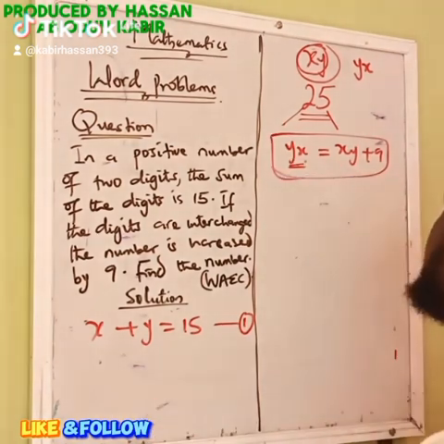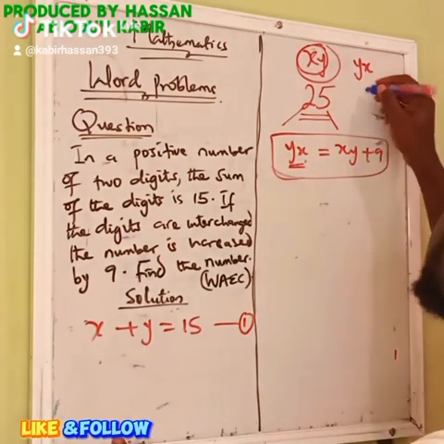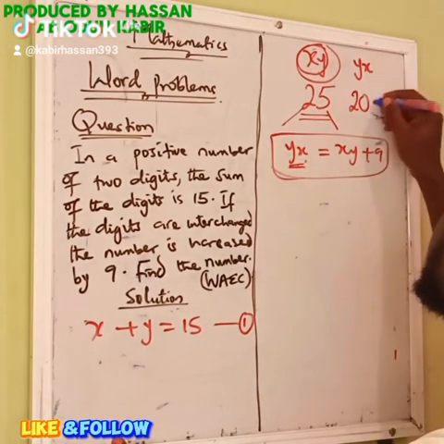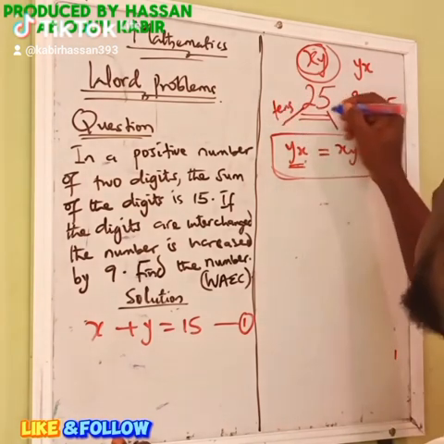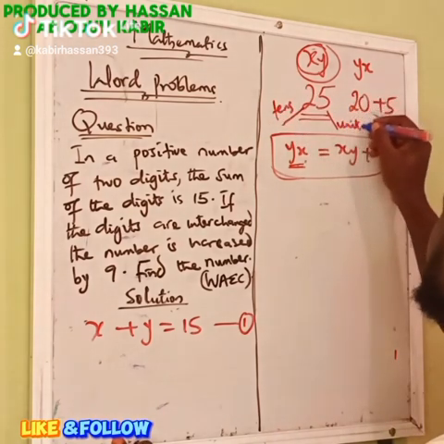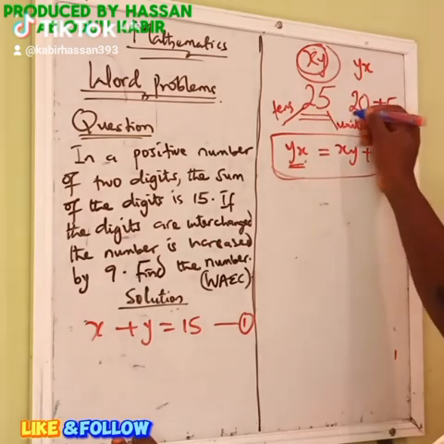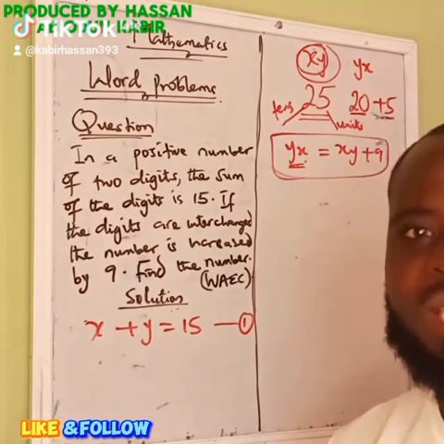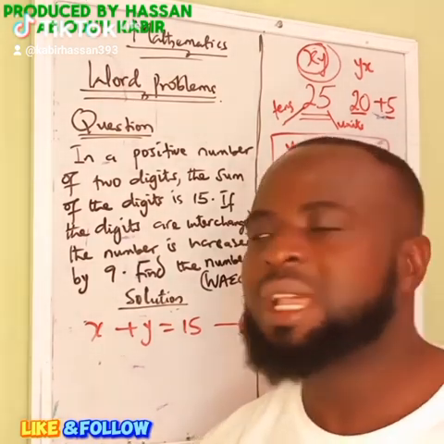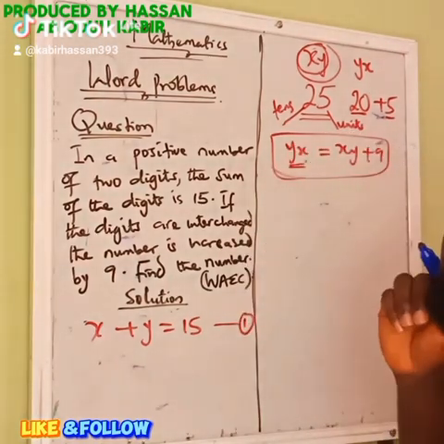This is wrong because 25 is the same thing as 20 plus 5, because 2 is tens while 5 is units. So 25 is just like 20 plus 5. Since we are going to interchange the digits, we have to take that into consideration.